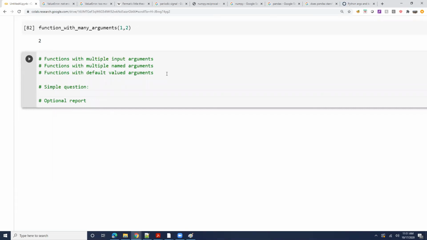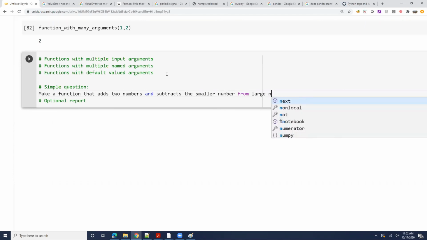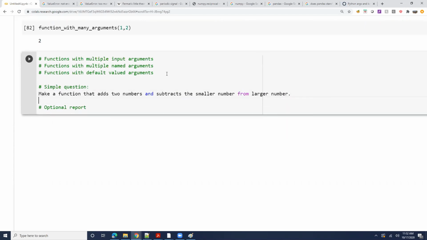Okay, let's see if we can come up with some question suggestions. Make a function that adds two numbers and subtracts the smaller number from the larger number. Okay. Returns sum and difference.